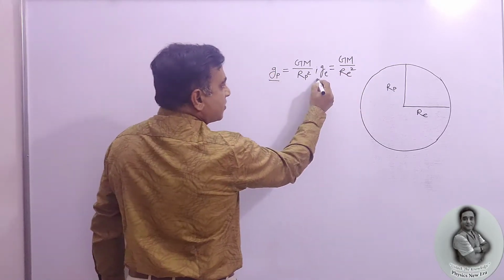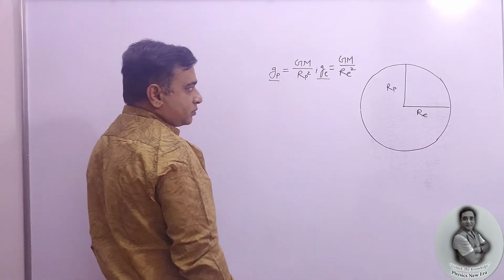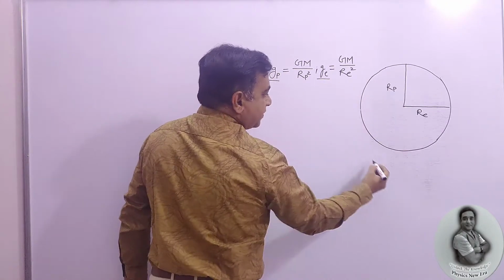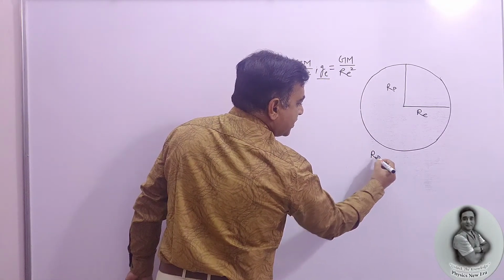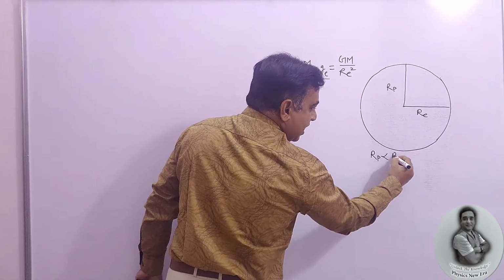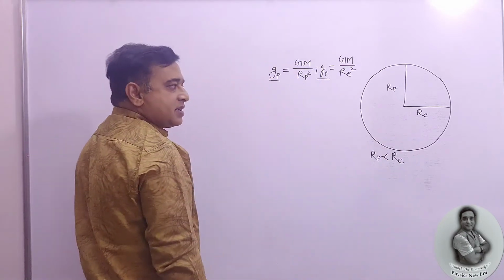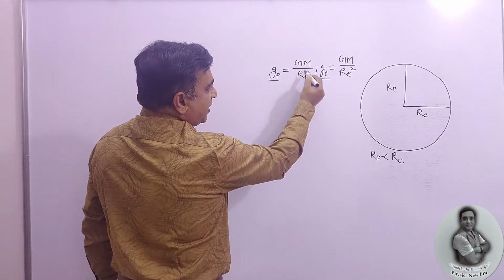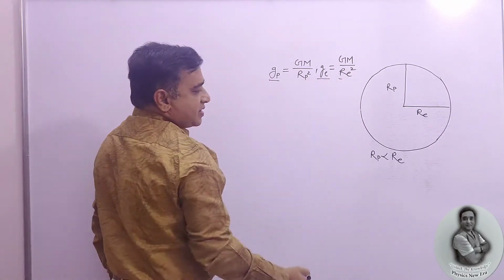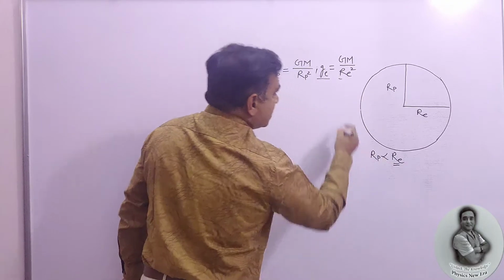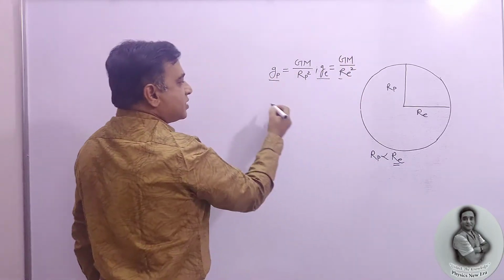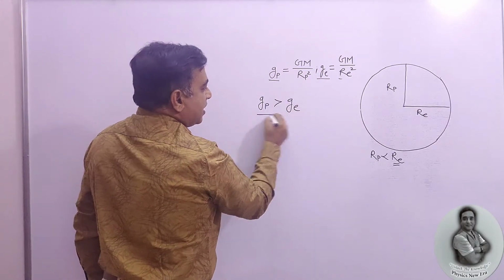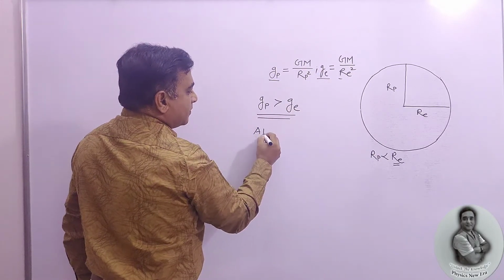If we compare both equations, RP is less than RE. So the denominator increases for the equator, so obviously g at the equator gets reduced and g at the pole is greater than g at the equator.